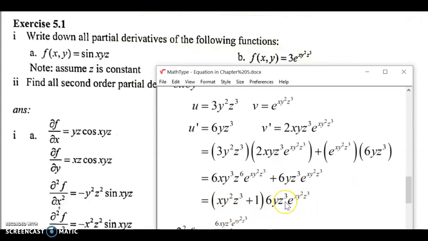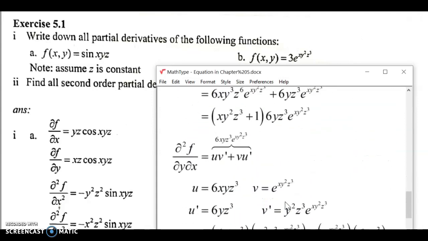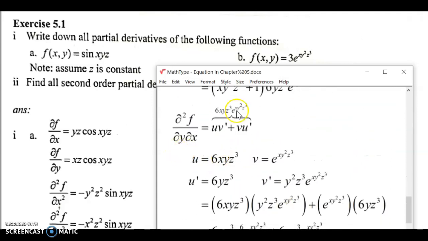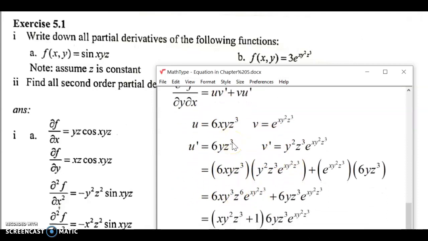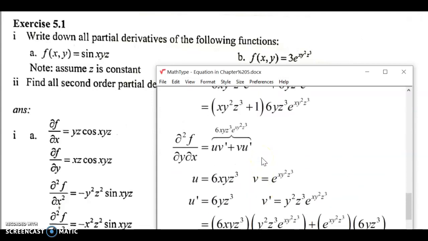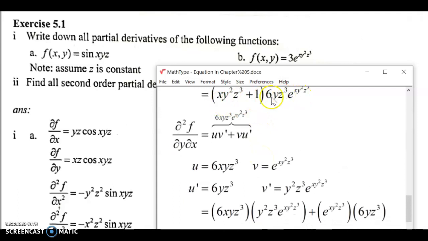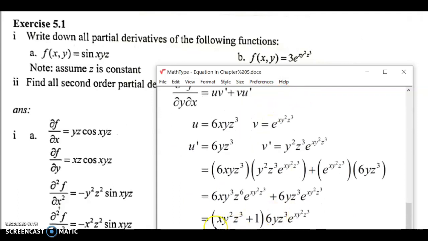Right, we get this answer. And for the second one, we start with the first derivative of y, and we solve it using the partial derivative in terms of x. This is the answer. And again, the first mixed partial derivative and the second mixed partial derivative should be the same.